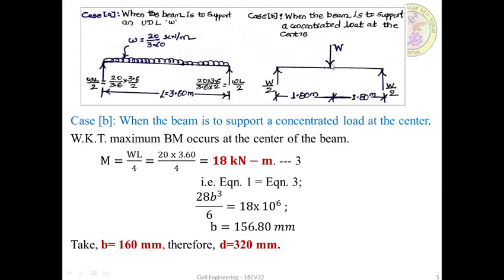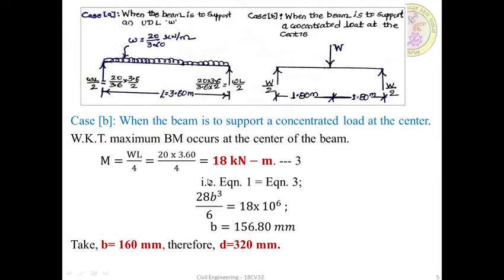Or you can say that as per the formulas we have already derived in the shear force and bending moment diagram, the maximum bending moment will be WL by 4, exactly under the loading point. WL by 4.